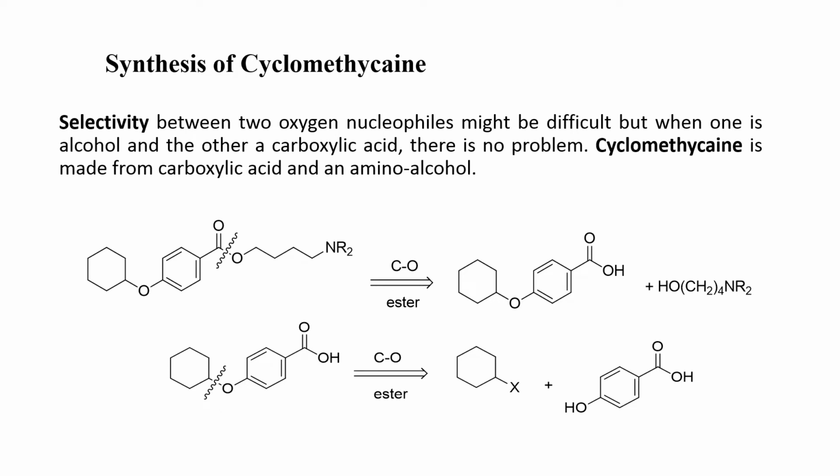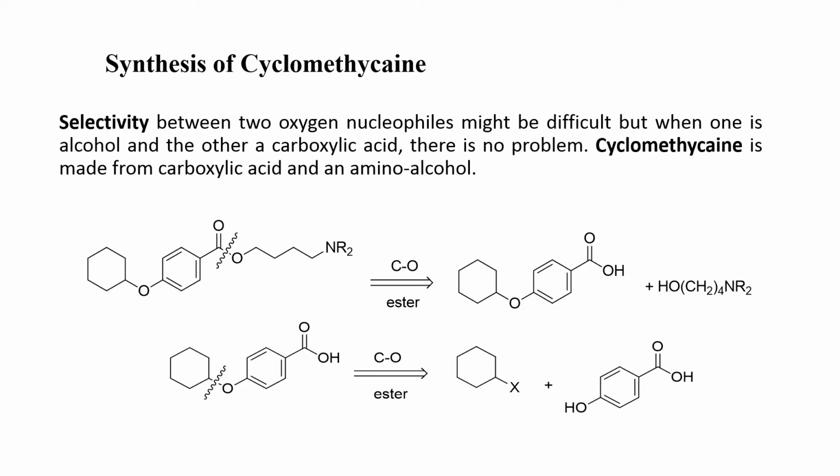If we need to react the less reactive functional group with the reagent, then we have to protect the more reactive functional group with a protecting group. For example, in the previous example, as we had to protect the amino group, this can be protected through the formation of the amide.